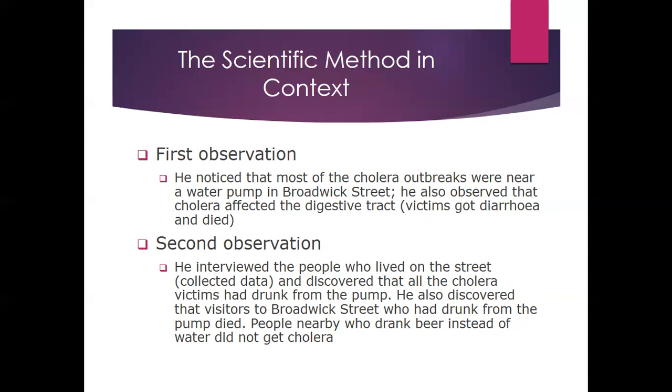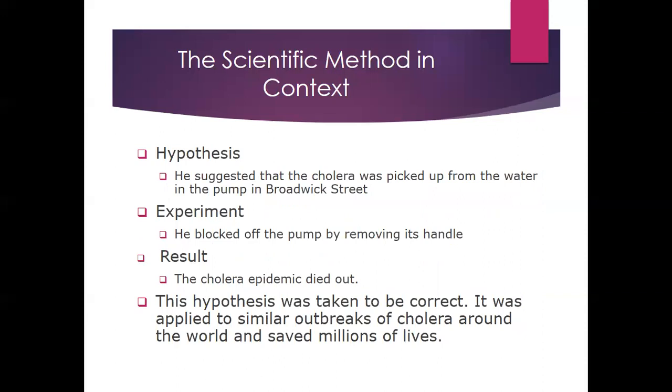So persons from outside now who drank from the pump died. And persons nearby who drank beer instead of water did not get cholera. So based on all the observations that he was able to make, he was able to formulate a hypothesis where he suggested that the cholera was picked up from the water pump on Broad Street.